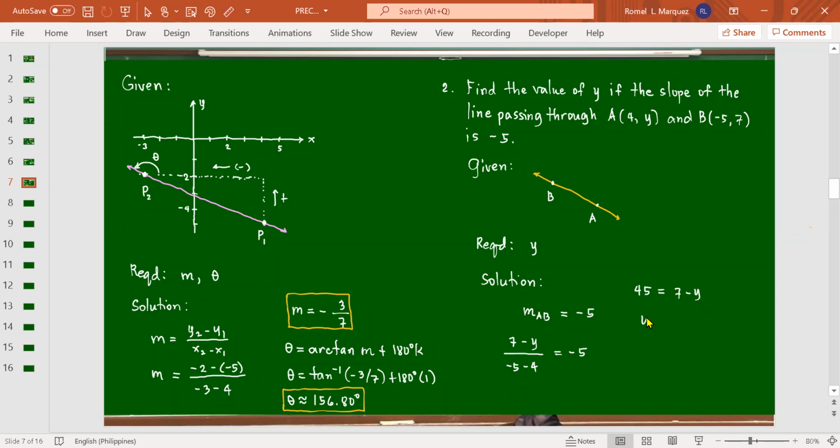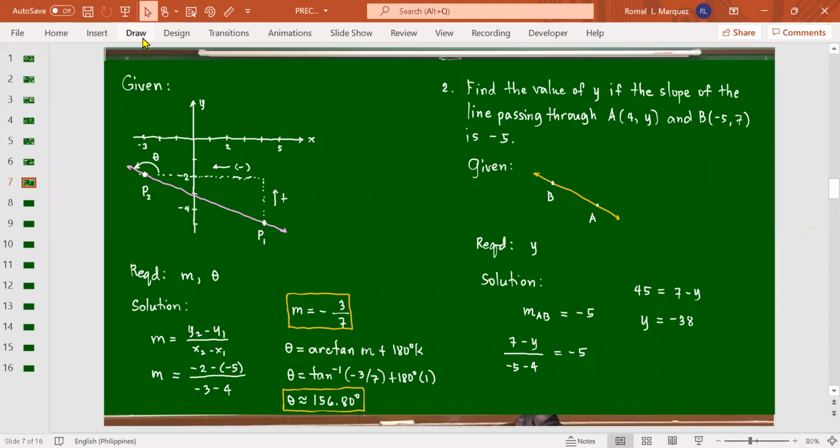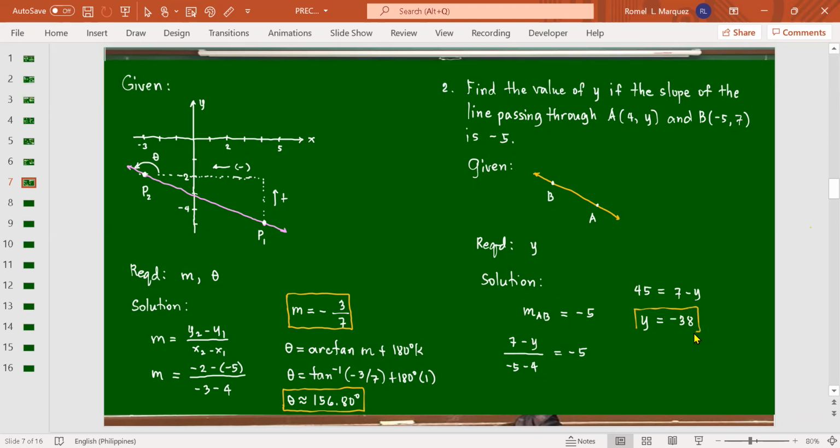What is my y? Negative 38. So that's the value of y, so that the condition is satisfied. Any question?